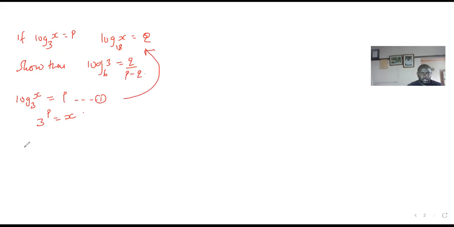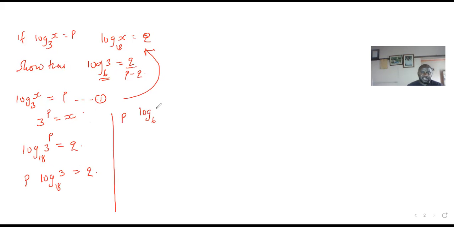We shall have log to base 18 of 3 power P is equal to Q. We shall realize P log to base 18 of 3 is equal to Q. I can introduce log to base 6 because the question talks about log to base 6, which will give me P log to base 6 of 3 over log to base 6 of 18 is equal to Q.